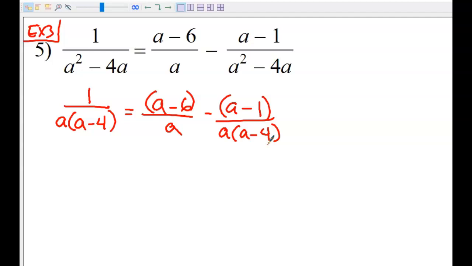Okay, after you factor, then you begin the multiplication process, right? Now I want you guys to be ready because probably something different does happen. It doesn't happen yet, but we'll get there. It happens in the solving process. All right, so we're going to multiply everything by a and a minus 4, right? So let's do that.